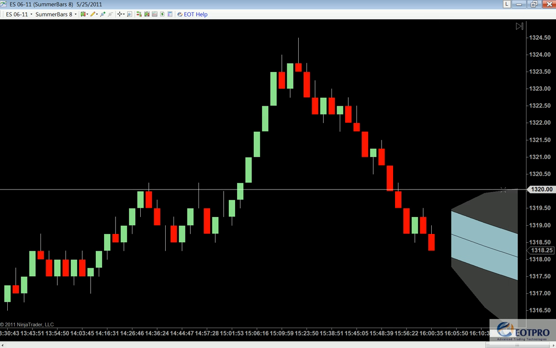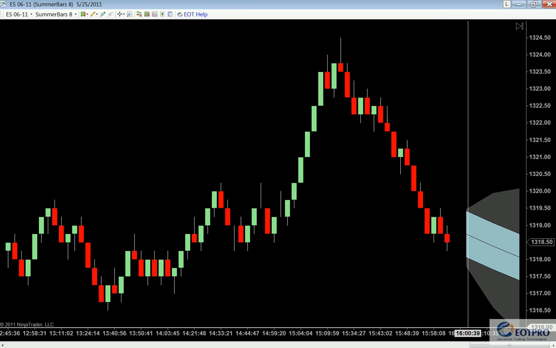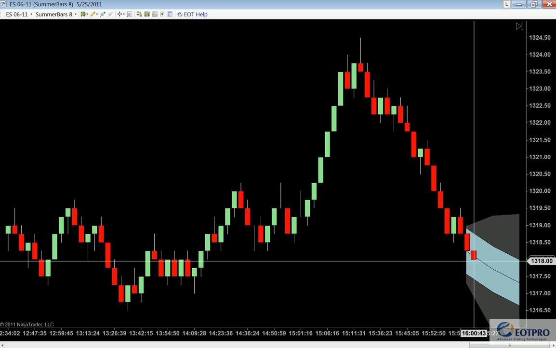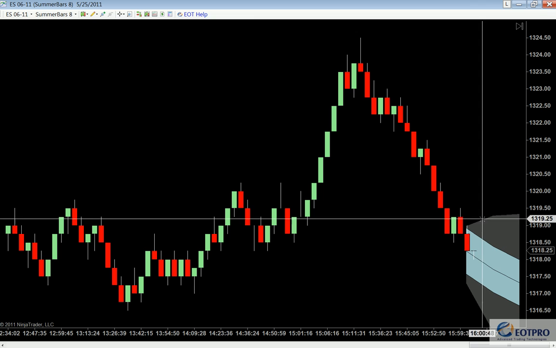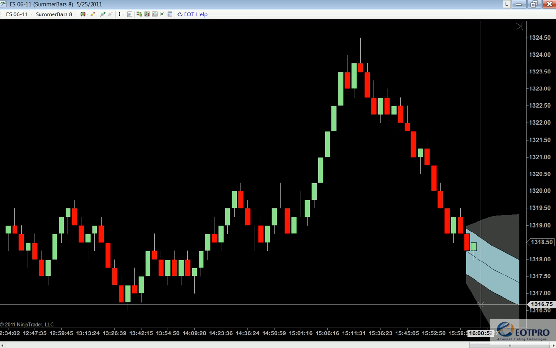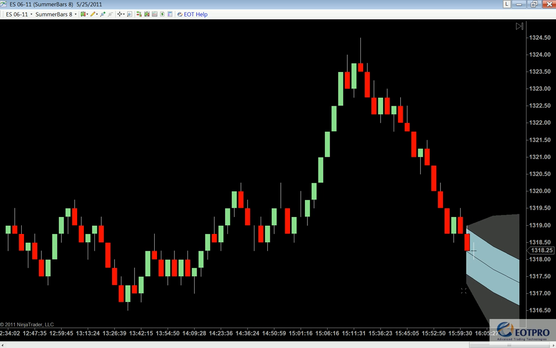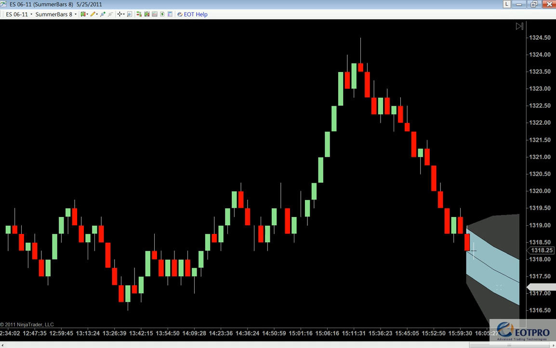The dark gray areas are standard deviations of the predicted price. So theoretically, price should always stay within 99% of these deviations.